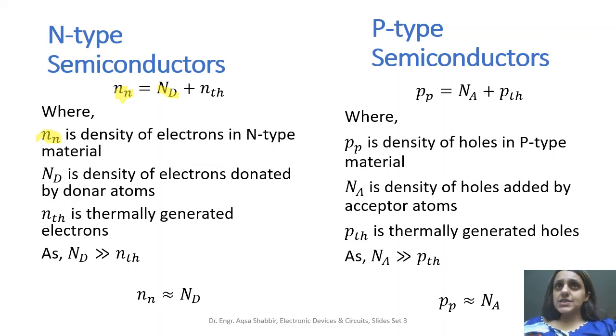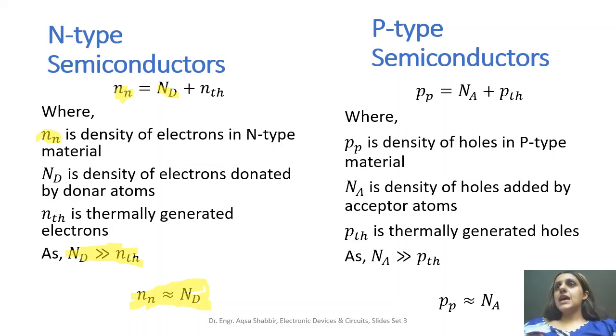Because the density of electrons donated by donor atoms is much larger than the electrons thermally generated through ionization, we can say that the density of electrons in an n-type material is approximately equal to the density of electrons donated by the donor atoms.